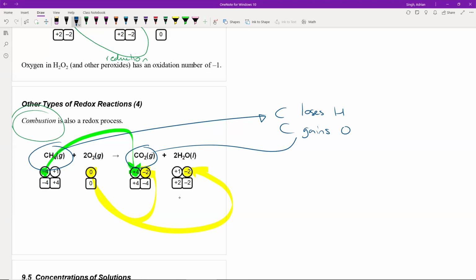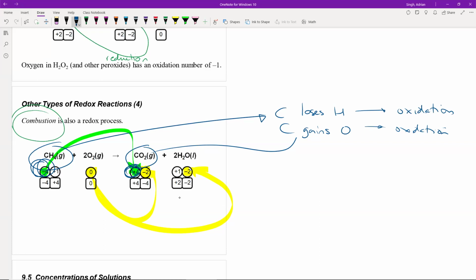Remember, back at the beginning, we came up with a table that looked at the differences between oxidation and reduction. Losing hydrogen, that's oxidation. Gaining oxygen, that's oxidation. And guess what? Increase in the oxidation number, that's oxidation as well, right? So you can actually see this occurring from three different perspectives.